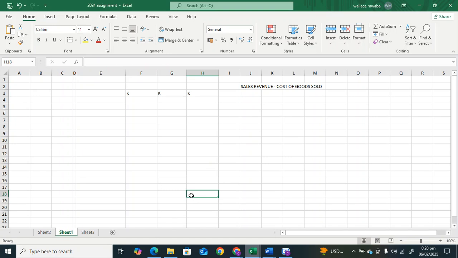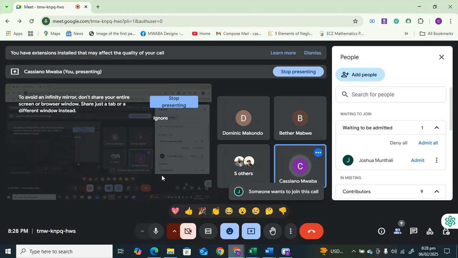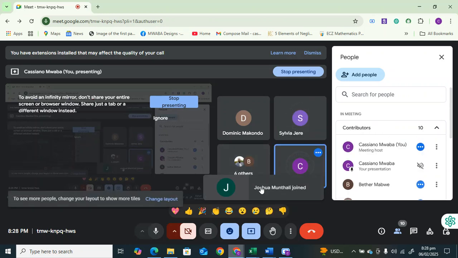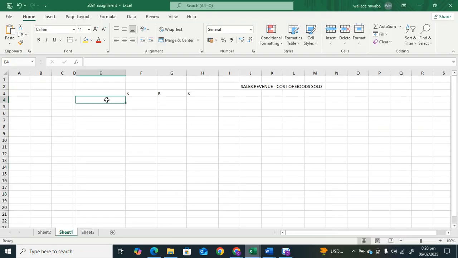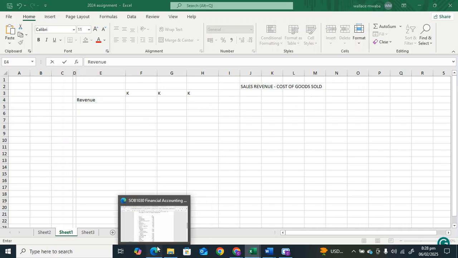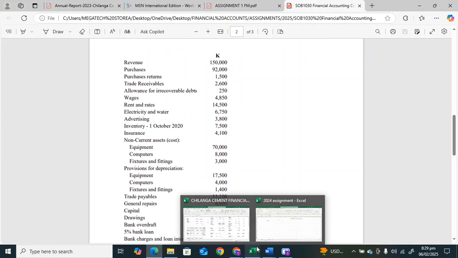Do you remember the first item that goes onto the trading account? Let's see. Okay, so revenue, let's see, 150,000.